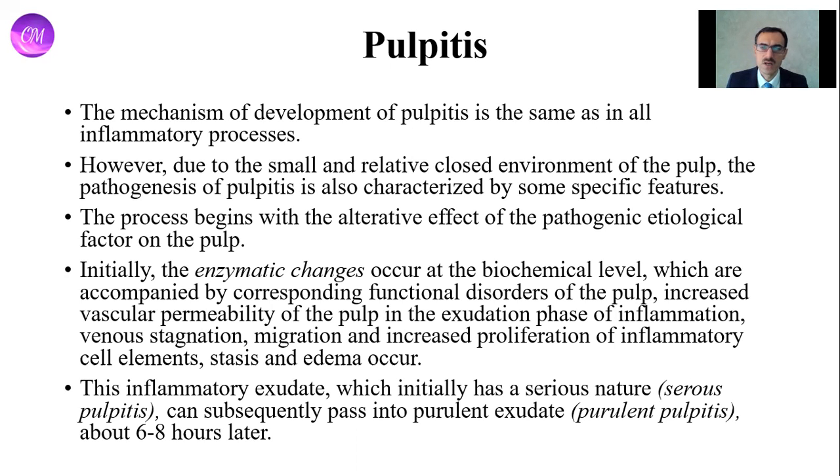The process begins with the alterative effects of the pathogenic etiological factor on the pulp. Initially, the enzymatic change occurs at the biochemical level, accompanied by corresponding functional disorders of the pulp: increased vascular permeability in the exudation phase of inflammation, venous stagnation, migration and increasing proliferation of inflammatory cell elements, stasis, and edema.